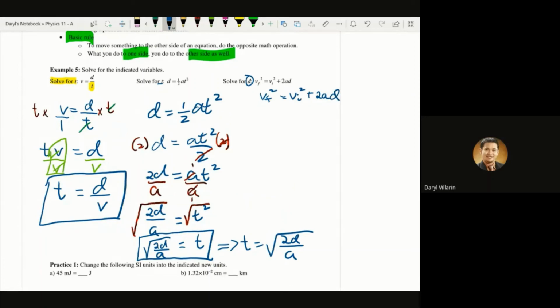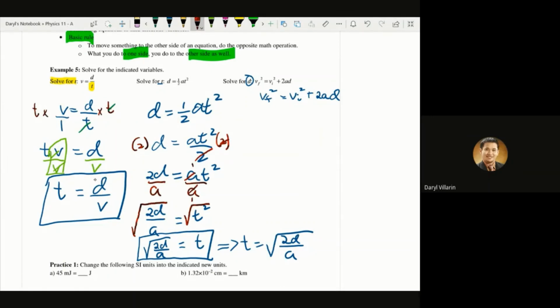So again, the first thing that I'm going to do is try to separate everything, both the variable and the constant, from my d. In this particular case, 2 and a here are multiplied to d. But I have a plus sign between that and the term with Vi squared. So if you have this particular case, make sure that you start with separating the Vi squared, the other term, if you have more than one term.